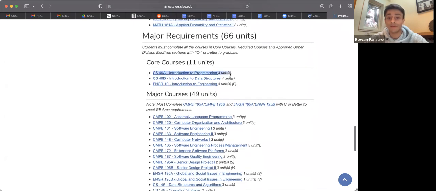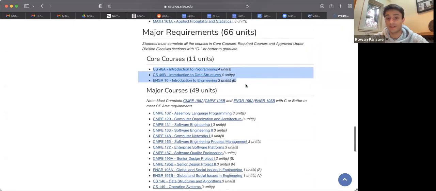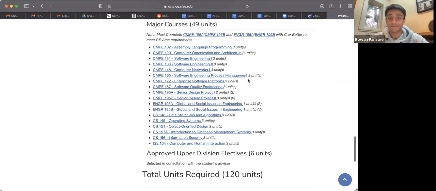And then you'll already have taken these courses, and you'll probably have taken intro to engineering as well. So these are the courses that you'll have to take no matter what. So you'll have to take an assembly programming class that's in x86. You'll have to take this class, which is, are any of you CS majors?